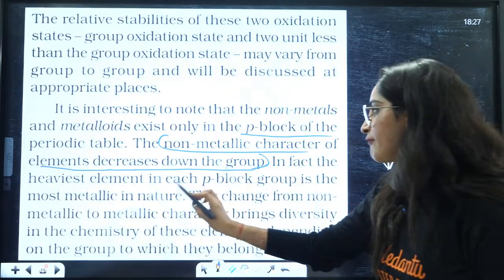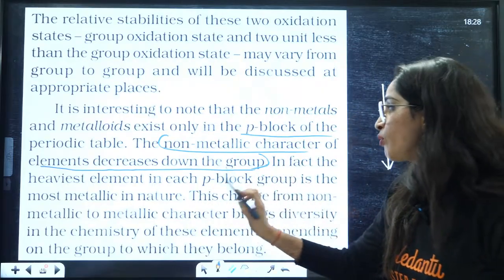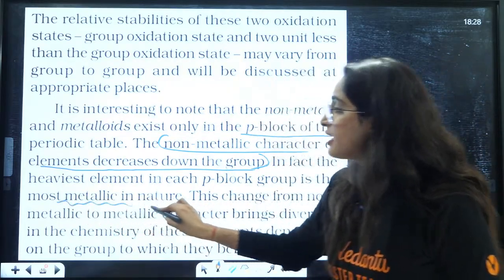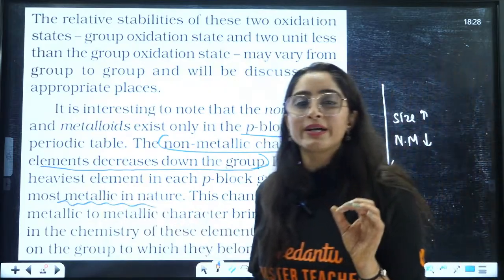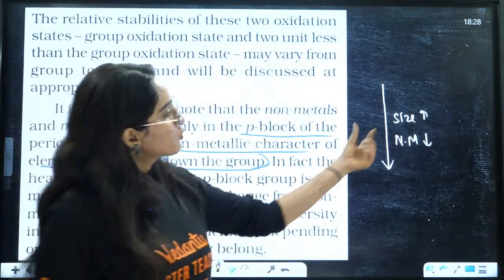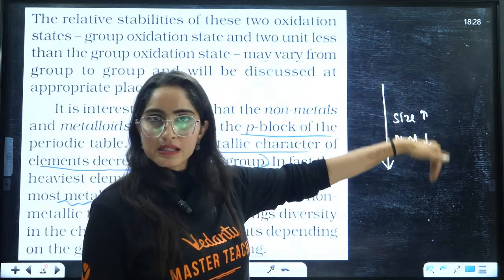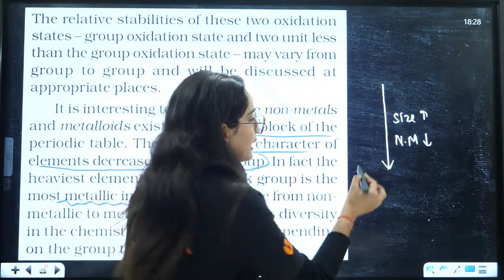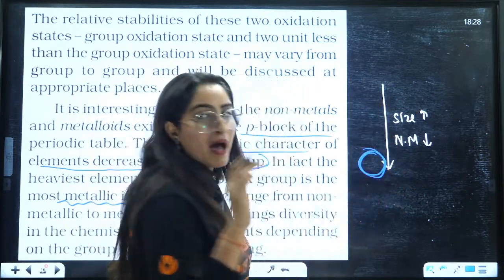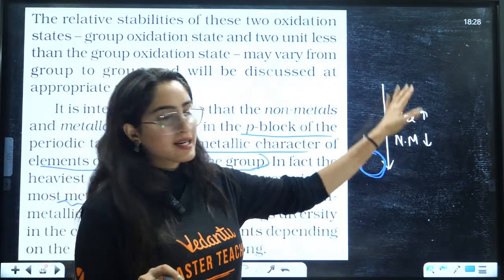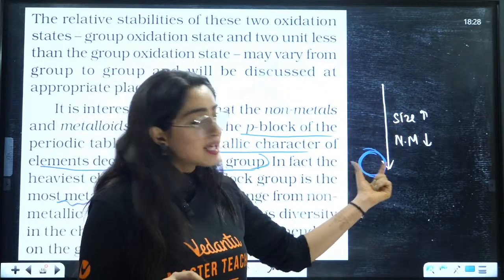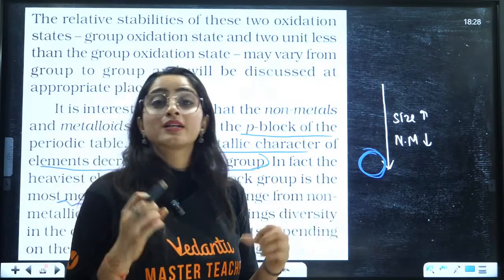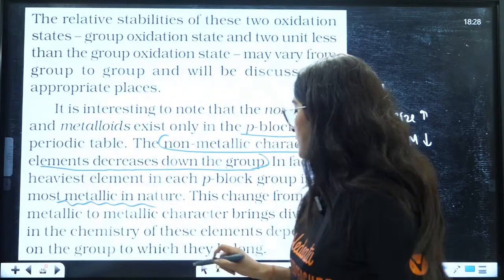The heaviest element in p block is the most metallic in nature. That means the least non-metallic in nature, right? You just have to know these two things, that size will increase down the group because the element that is present here has maximum size, non-metallic character is decreasing. That means this is least non-metallic and it is maximum metallic in nature, right?